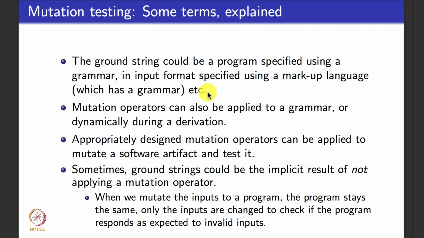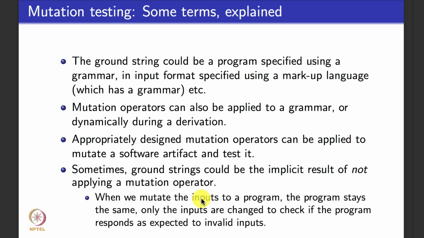Sometimes I want to be able to test the software artifact by changing the input to a syntactically invalid input or another valid input, and see how the program behaves under these invalid inputs. When I do that, I use the grammar to generate invalid inputs also. In that case, ground strings result from not applying a mutation operator.